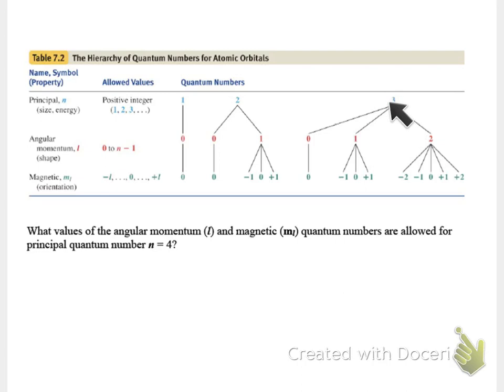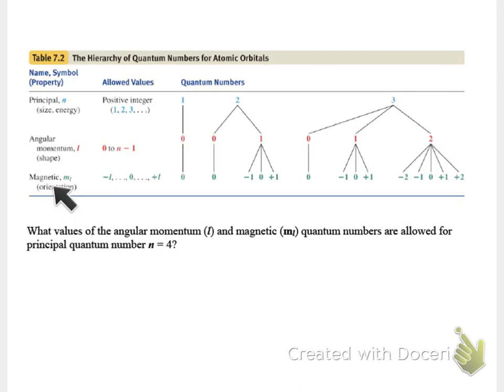If n equals 3, L can have the values of 0 or 1 or 2, which means in the third energy level there are 1, 2, 3 sublevels.